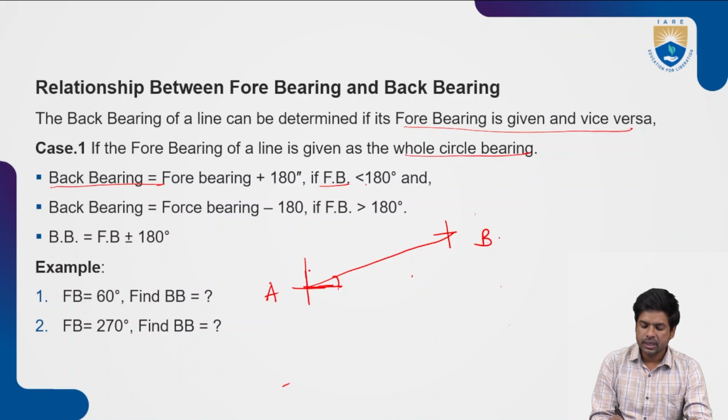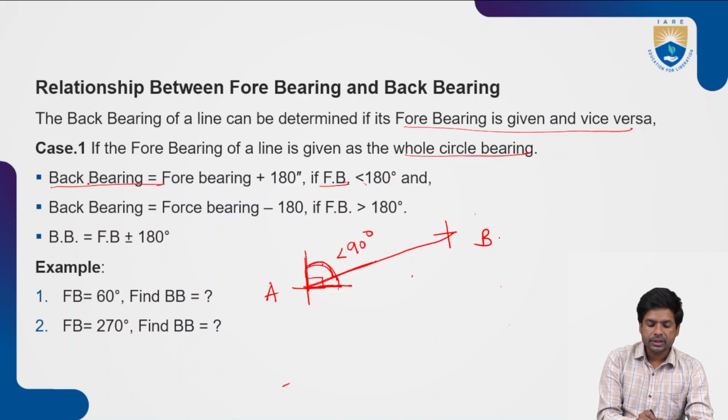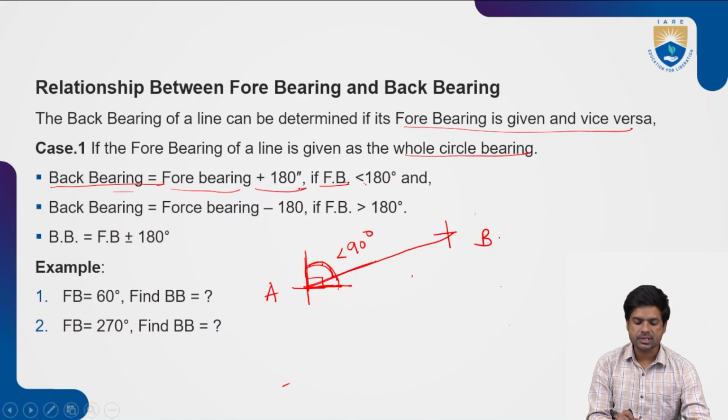Here if you see the fore bearing, it will be less than 90 degrees, because if you see this quadrant, the total angle is 90 degrees and the line is starting here. So this angle will be less than 90 degrees only, right? Now if the fore bearing value is less than 180 degrees, then the formula is back bearing is equal to fore bearing plus 180 degrees. This is the formula.